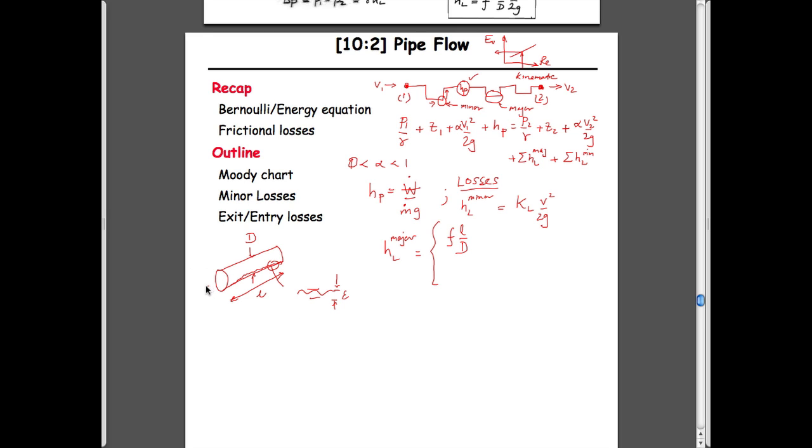There would be a flow velocity in the pipe. There would be, what else? There'd be a pressure upstream and a pressure downstream, and the change in pressure would be the difference between those two.